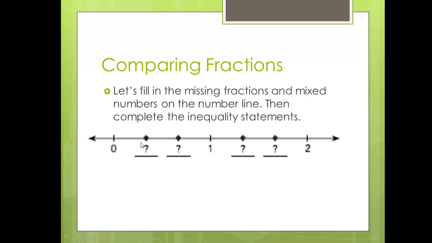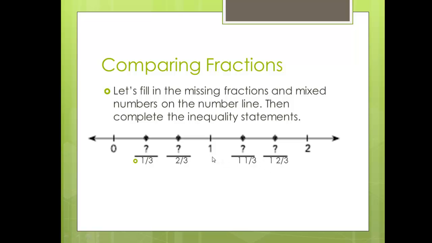It's divided into 3 with the whole number 1, and it's divided into 3 with the whole number 2. So I know in the fractions, this is thirds. So let's label our line: 1/3, 2/3, 1 1/3, 1 2/3.